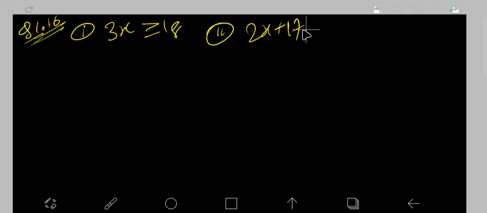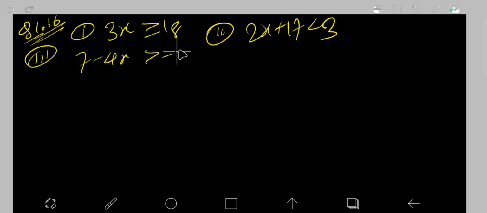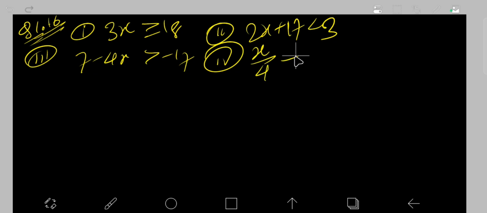Given: 3x greater than or equal to 18; second, 2x plus 17 less than 3; third, 7 minus 4x greater than minus 17; and fourth, x by 4 plus 3 less than minus 2.